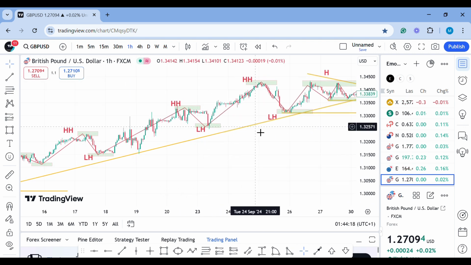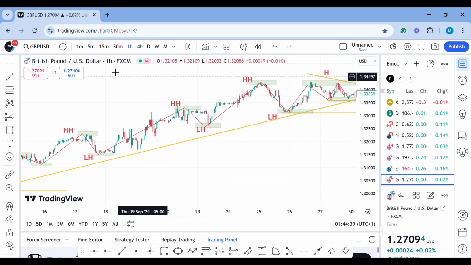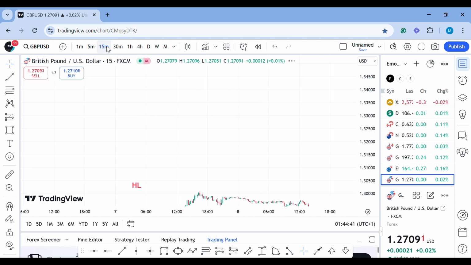The reason why you can't spot them clearly here on this 1 hour is because 4 one-hour candles make one 4 hour candle. That's why you can't really spot them clearly here. So if we now move to 15 minutes, you'll be able to see the difference between here and here. You will spot a lot of them. Let's just move to 15 minutes.